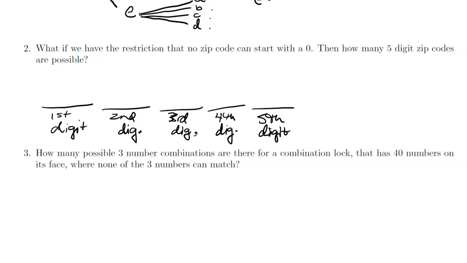And together, all of those would make up that 5-digit zip code, so a string of 5 numbers in a row. Now, though, we have that this first one can't be 0.